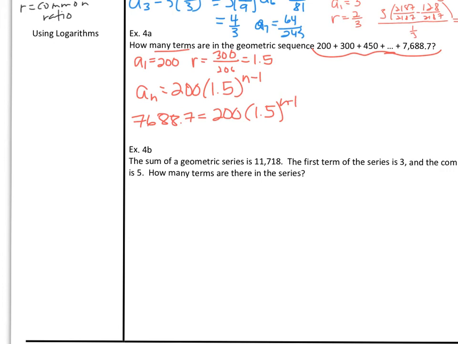And all of a sudden, we just have an exponential equation. Let's solve. To solve here, we want to isolate our base, and our base is 1.5 to the n minus 1 power. I'm going to start simply by dividing both sides by 200. If I take 7,688.7 divided by 200, I would get a pretty big number past the decimal.